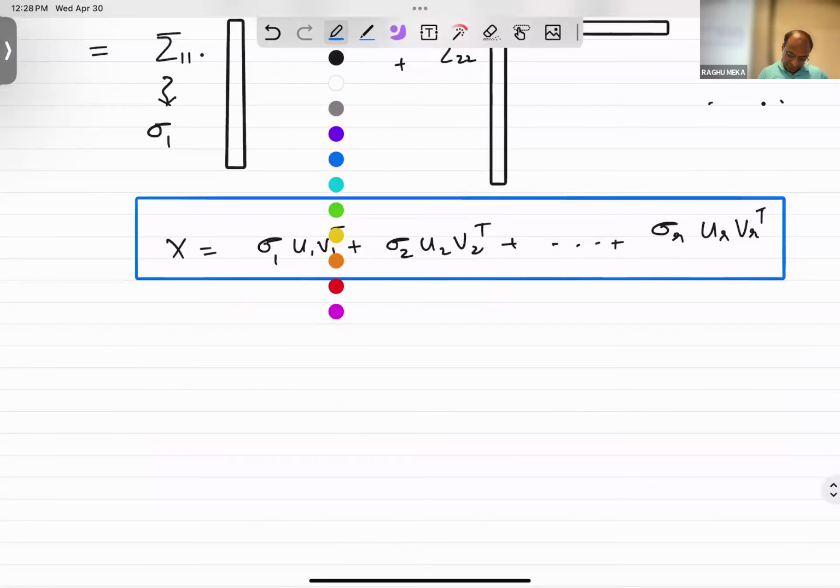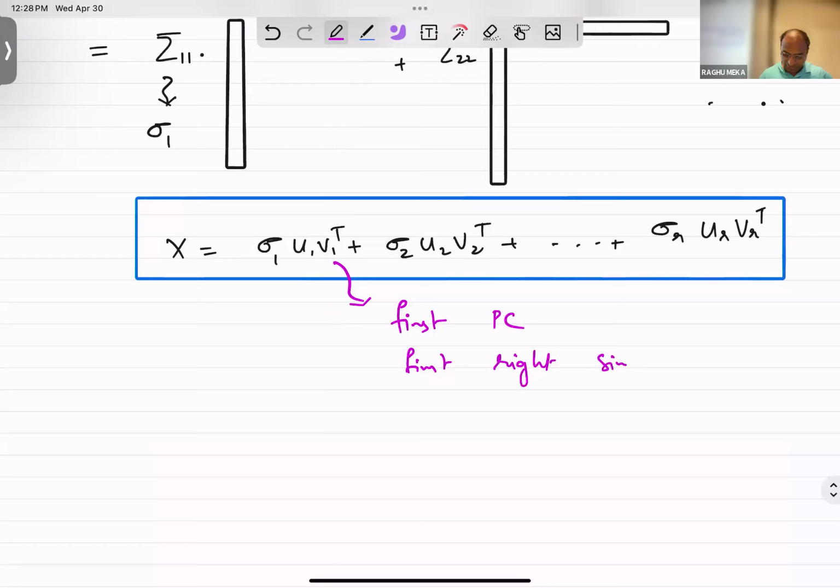And, as we discussed already, this v_1 here is the first PC, or the first right singular vector. This was something that we already talked about. It's called the first right singular vector because u would be the first left singular vector, and so on.